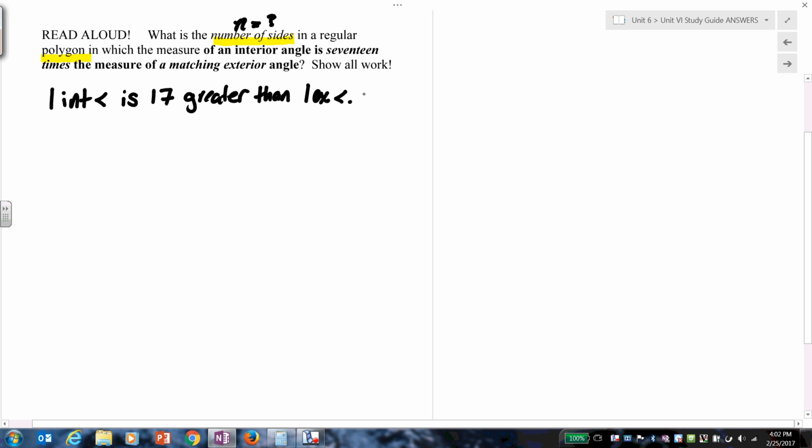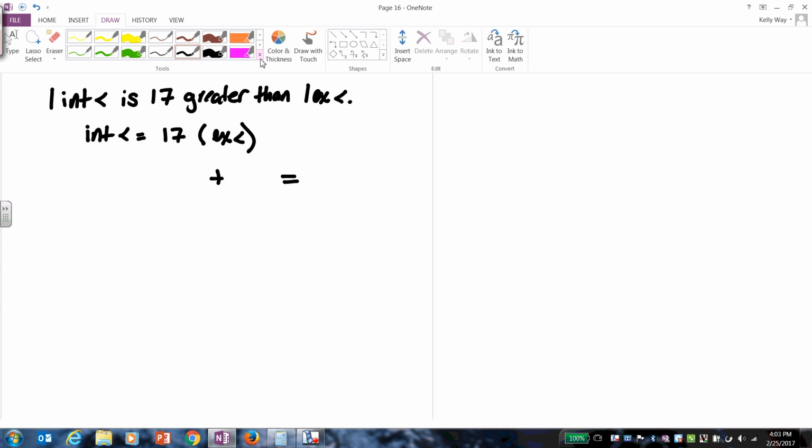What did we just learn about interior and exterior angles? We learned that they add up to 180. So this interior angle, whatever it is, is going to be 17 times greater than its matching exterior angle. Let's watch and write down what we know from the previous example.